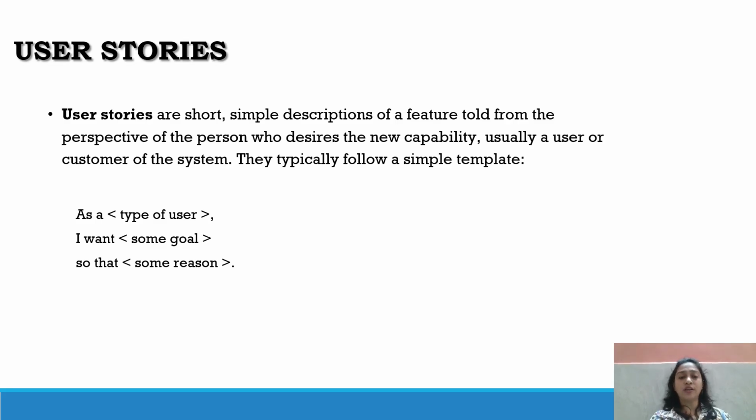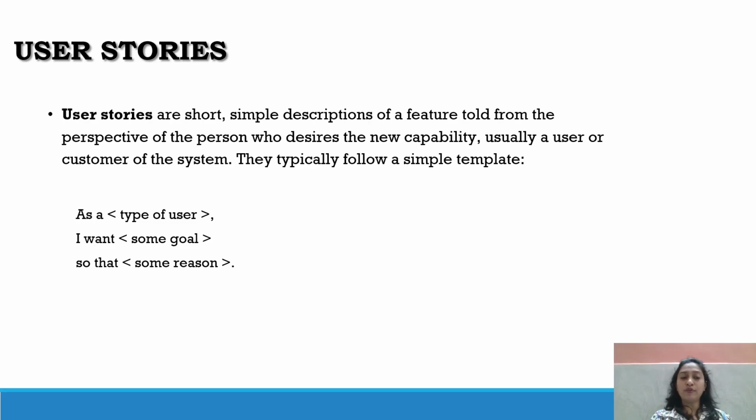So user stories are short, simple descriptions of a feature told from the perspective of the person who desires the new capability, usually a user or a customer of the system. Okay, they typically follow a simple template like: as a type of user, I want some goal so that some reason.